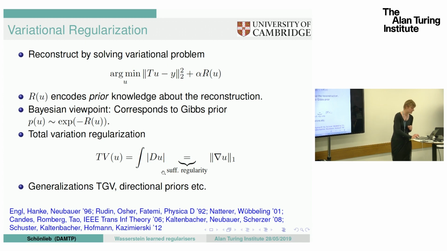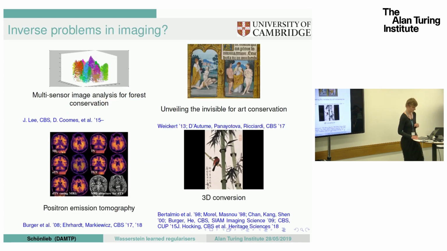And typical regularization procedures used in imaging, which is really the type of inverse problems I'm talking about today, are, for instance, the total variation or some generalizations of total variation or many others. I'll get to that later. So typically we think about this regularizer R as some type of sparsity-promoting L1 type regularization. These are at least the successful ones that are out there.